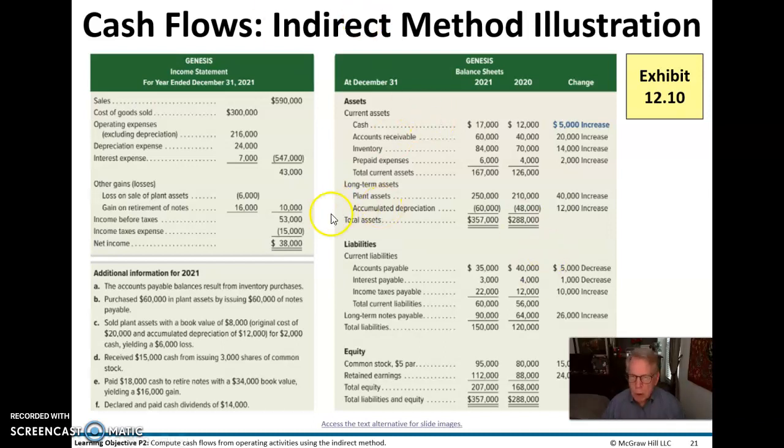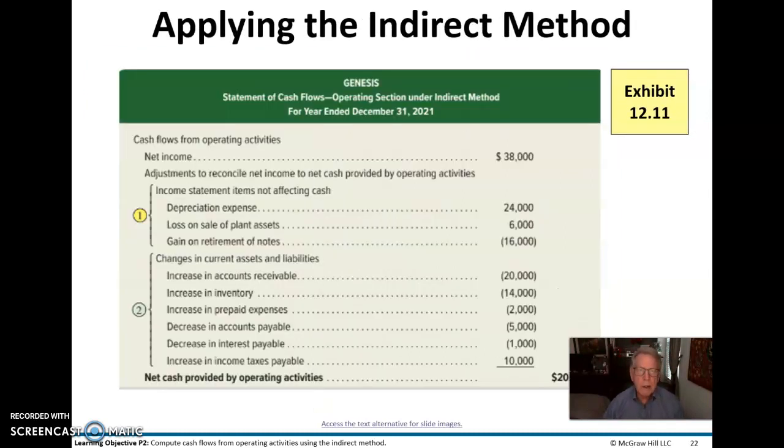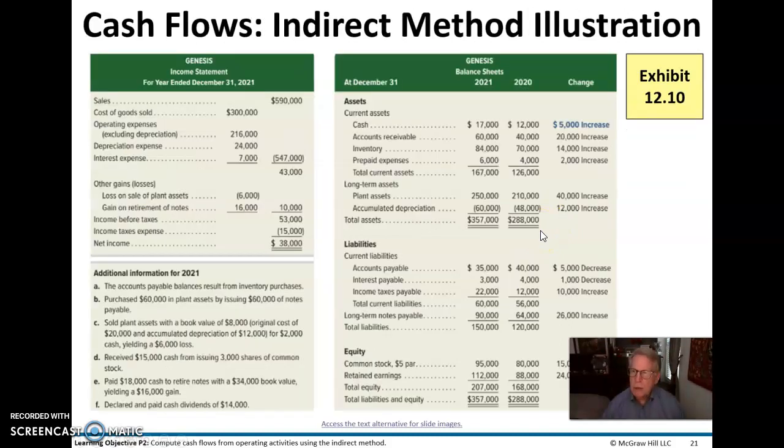First of all, I'm going to grab this $38,000 here, which is my net income, and I'm going to adjust that for cash. So I bring the net income here, okay? And the next thing I do, exactly the way they're showing it here, I pick up the non-cash expenses. So I'm going to go back and see where those are.